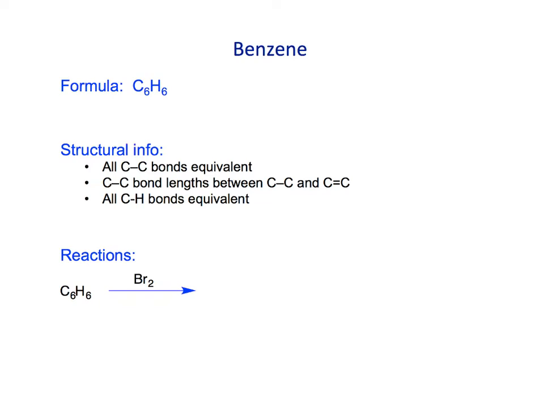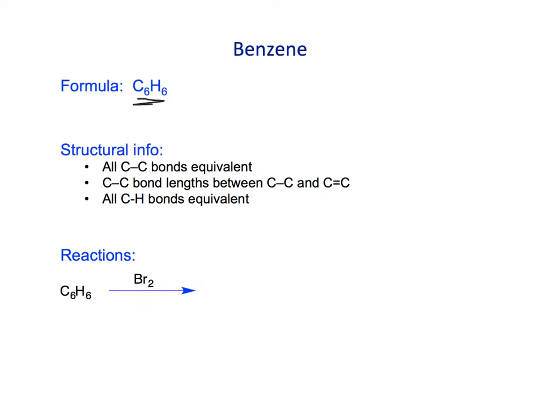So basically, they were able to, through maybe combustion analysis, so burn the molecule up and see how much hydrogen and carbon comes off, to determine a molecular formula. And that molecular formula, the one that they came up with, is C6H6.